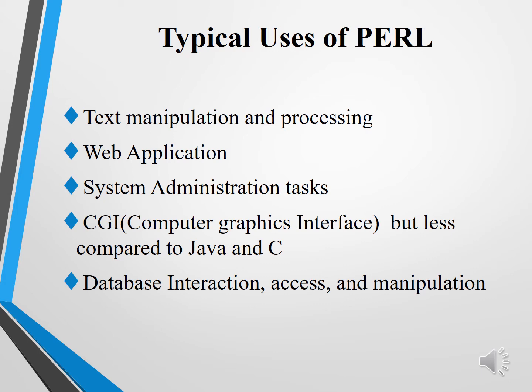It is also used for database interactions, different database interactions, access and manipulation. Multiple databases are designed in MySQL or Oracle. Whichever language the database is designed in, Perl interacts with the different types of database.